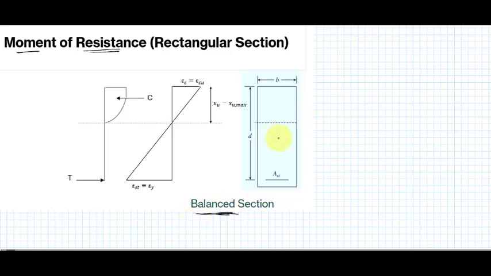For a singly reinforced section to be a balanced section, the strain in concrete should be equal to the ultimate strain in concrete, while the strain in steel will reach the yield strain. So both values will reach simultaneously. The neutral axis depth will be equal to what? The limiting neutral axis depth or the maximum neutral axis depth.